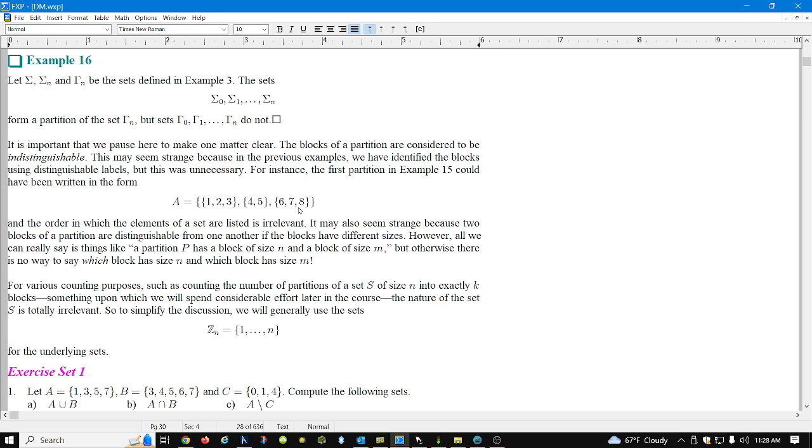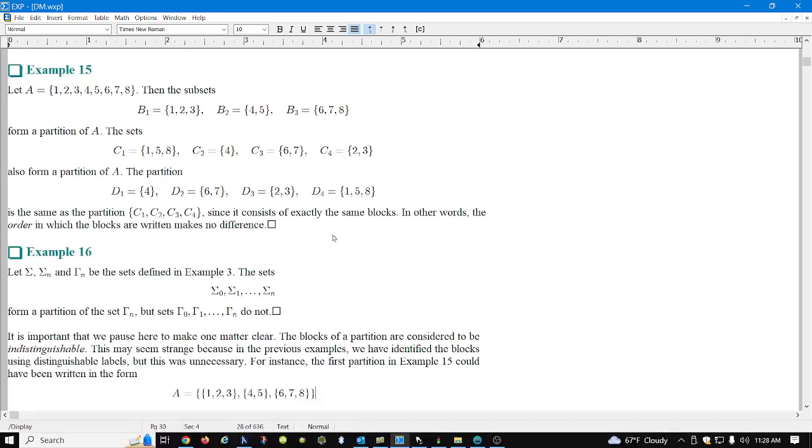And as you know, the elements of a set, their order doesn't matter within the brackets. As long as they're separated by commas, it doesn't matter what order you put them in. So it's probably better to think of a partition in this way rather than in this way.